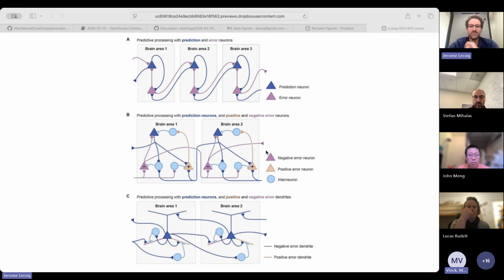That's right, Stefan, I mean, it could be anything. This is very likely to be wrong. That's the problem: we want to respect the different proposals that are in the field and not mischaracterize them, and at the same time highlight that there are many ways to slice this cake.